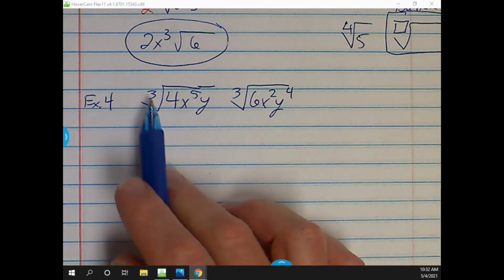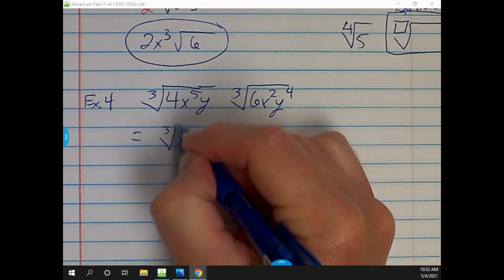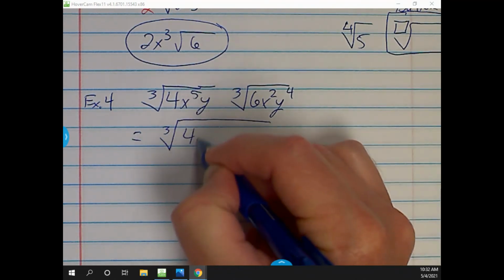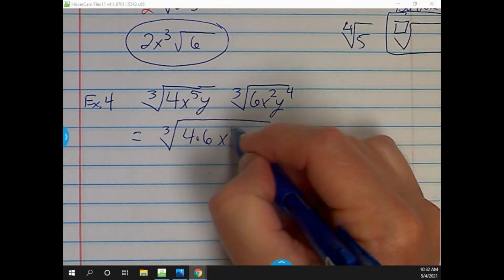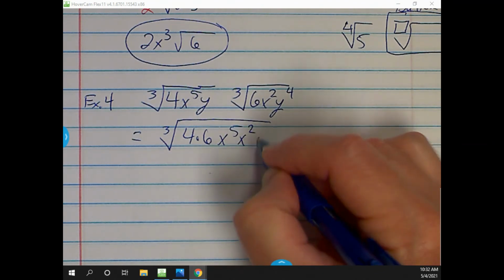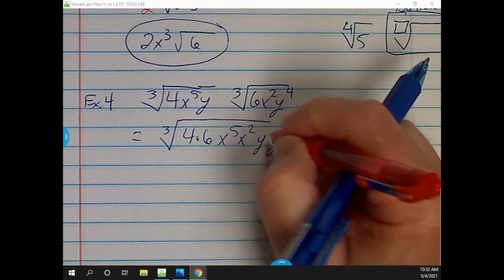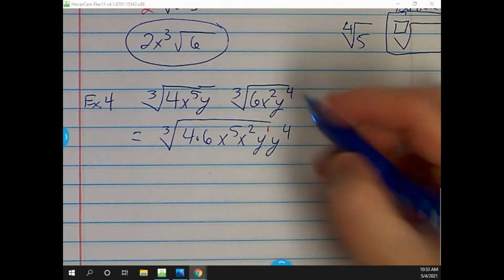Okay, again, indexes are the same, so you don't have to worry about that part. Just put it all together. That's the third root of, we've got 4 times 6. You've got x to the 5th, x squared, y, and then y to the 4th. And again, just to be on the safe side, go ahead and make that y out to be y to the 1st.